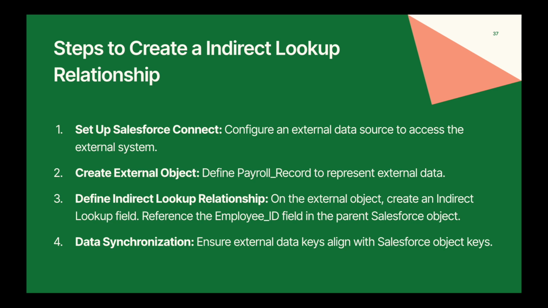We'll define the payroll-related object there to represent that the external data will be coming from there, and then we'll define the indirect lookup relationship on the external object. We'll create an indirect lookup field and reference the Employee ID field in the parent object. Data synchronization will ensure that the external data keys align with Salesforce object keys.